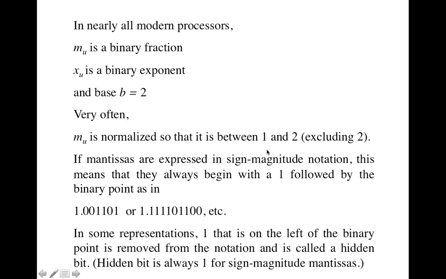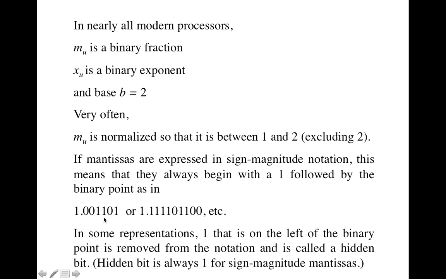In a good number of representations, this leading 1 is actually not explicitly represented or placed into the representation, just to save that bit. It's probably not as important as it used to be in the past, given that memory is not much of an issue.